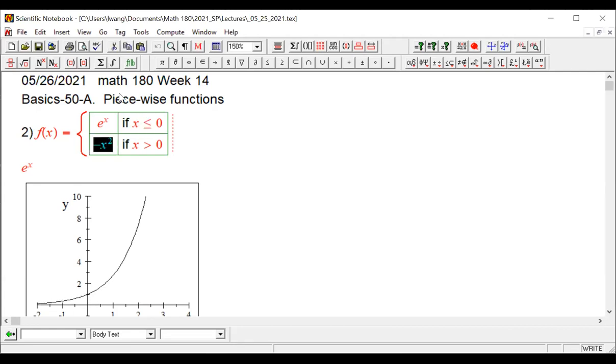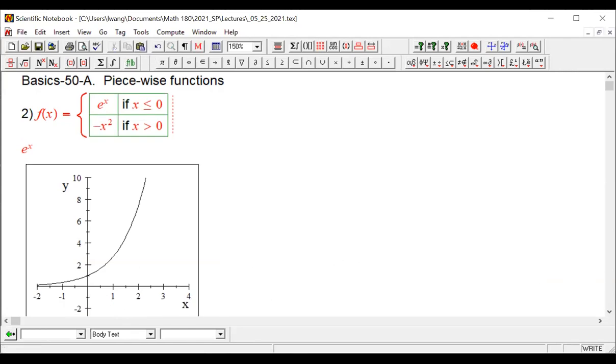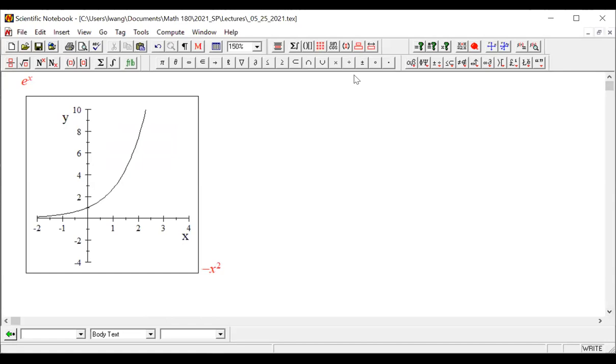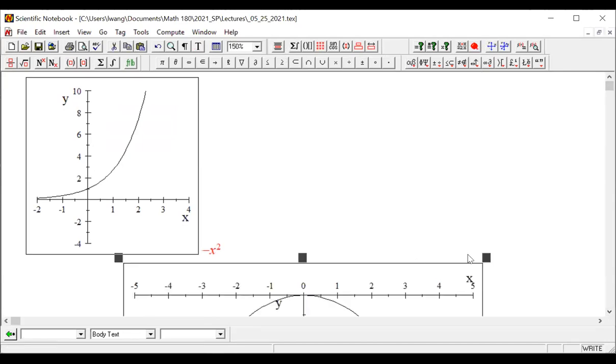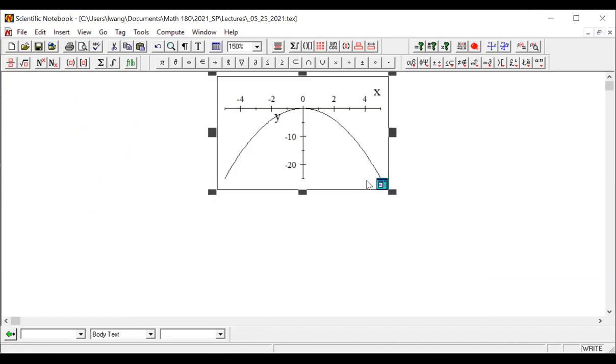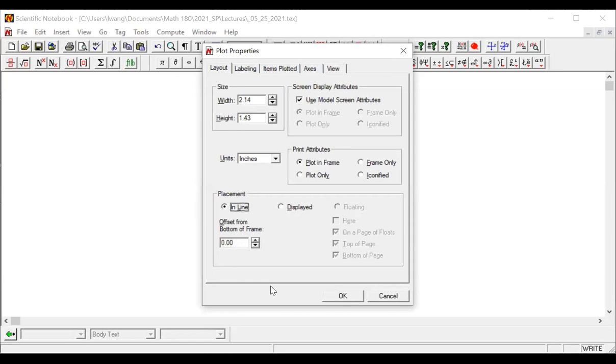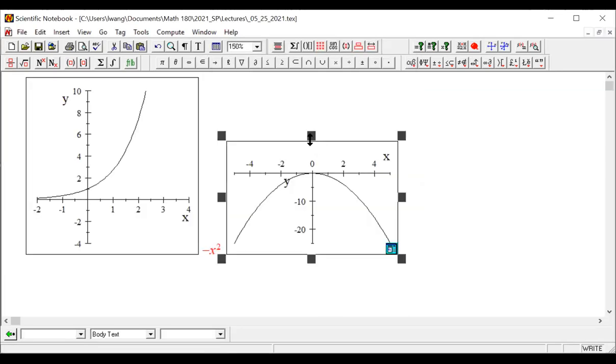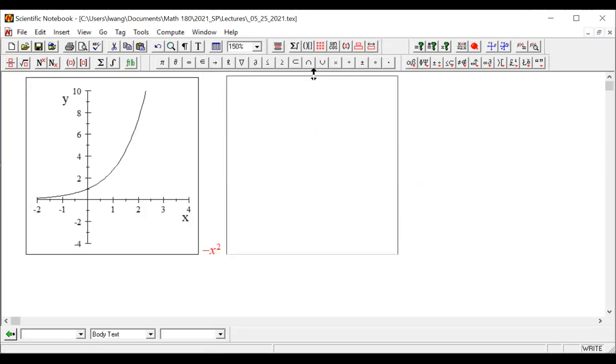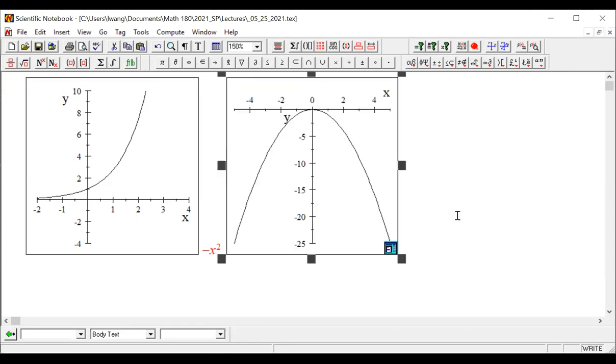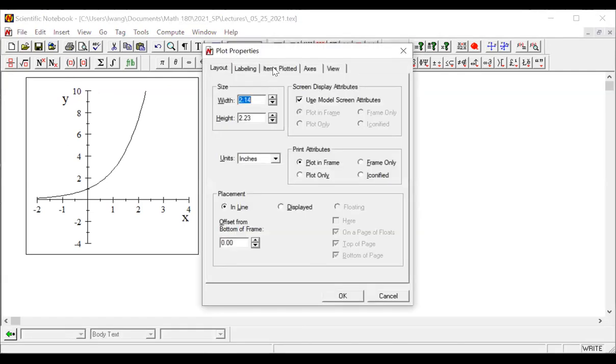How about negative x squared? We know how that works, right? It's just a parabola flipped over. So you have these 2 pieces. That's negative x squared. So I'm going to make some adjustments.